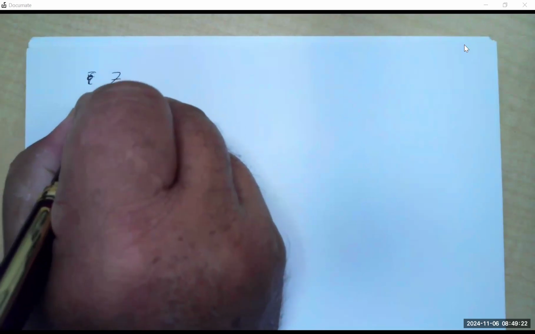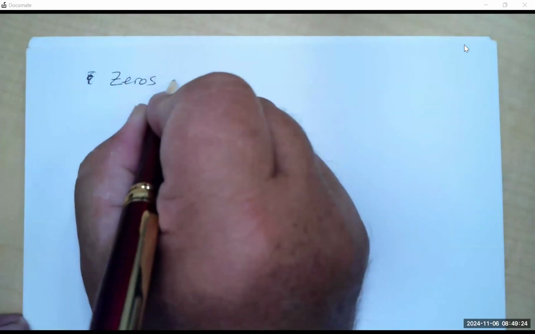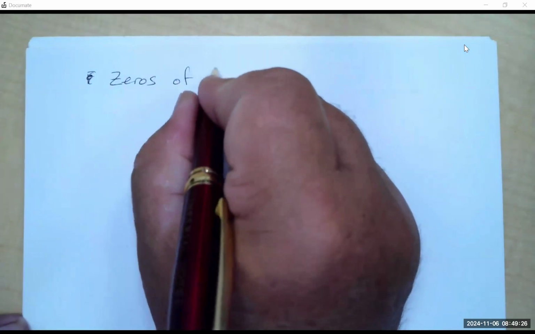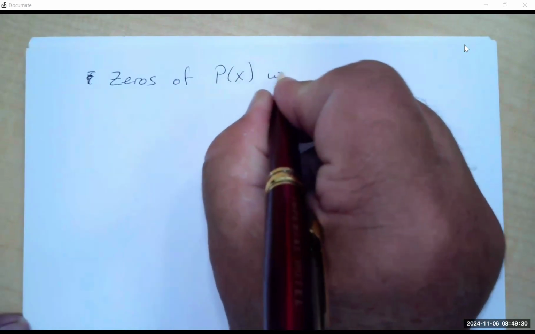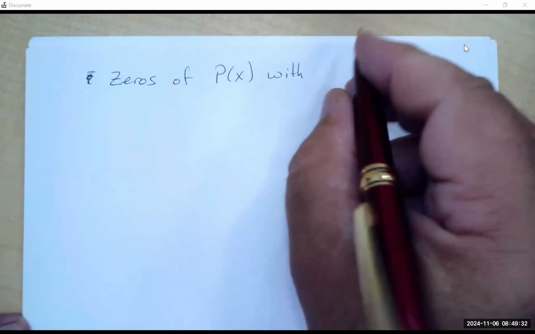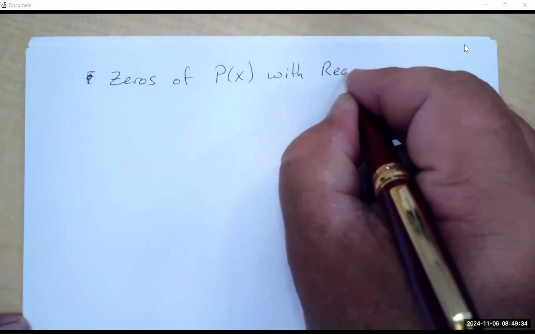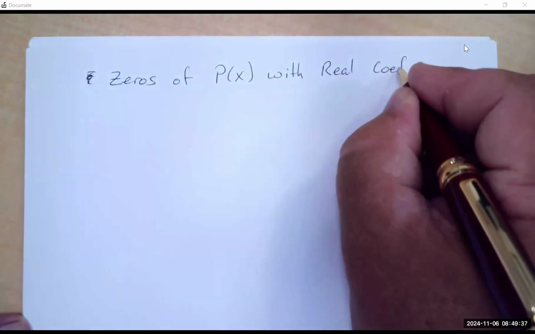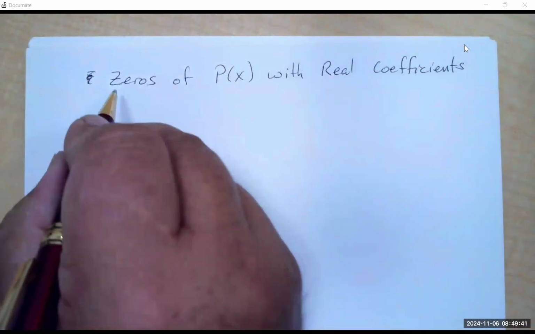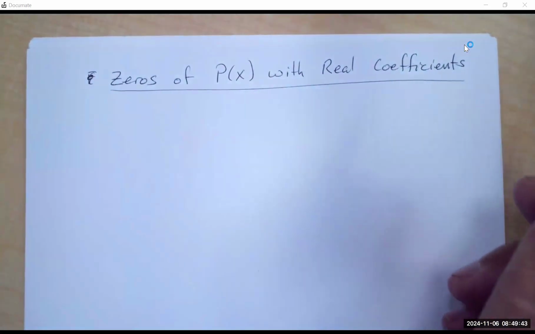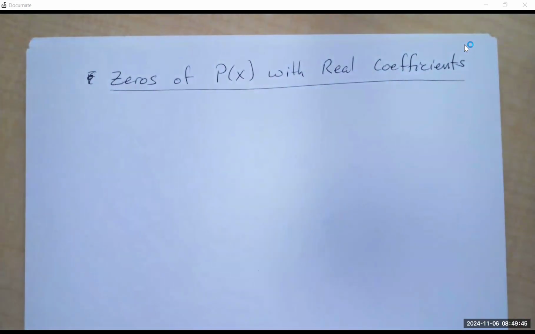Okay, this next topic is zeros of polynomial functions with real coefficients. That example.